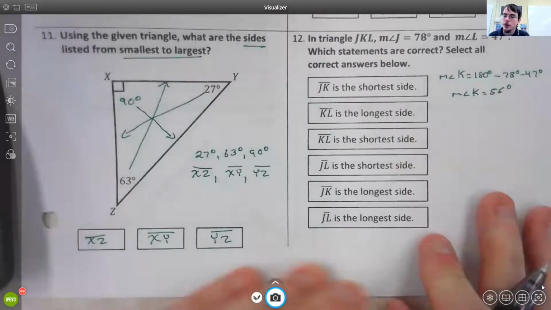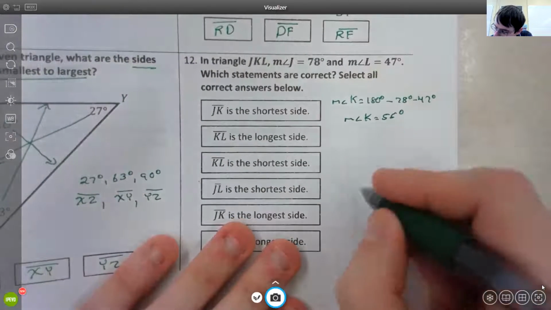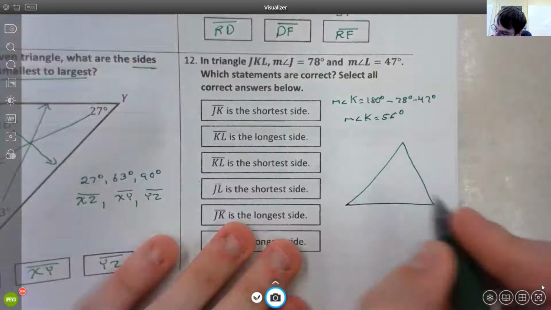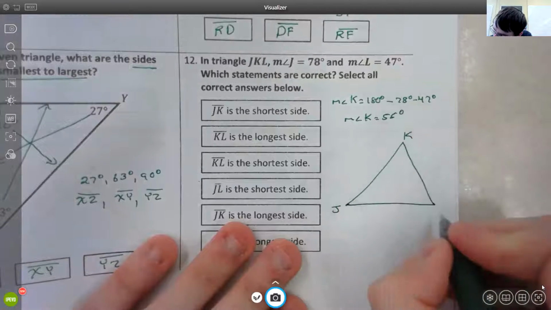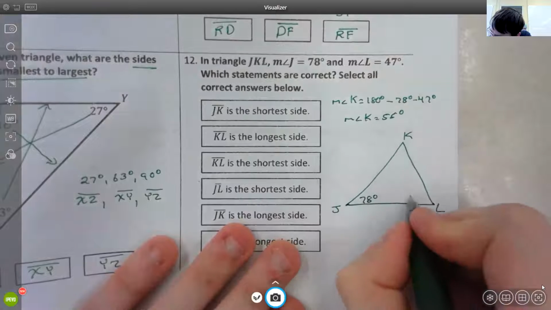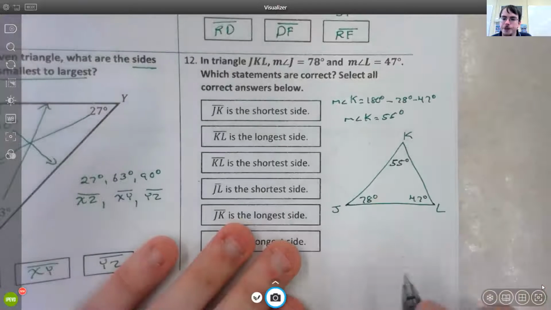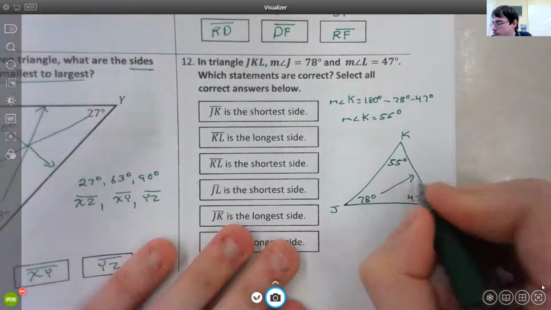And it'll be easier to do this problem if we draw a picture to visualize it. So I'm going to draw my JKL here. Angle J is 78 degrees. Angle L is 47. And angle K is 55. Draw my arrows.